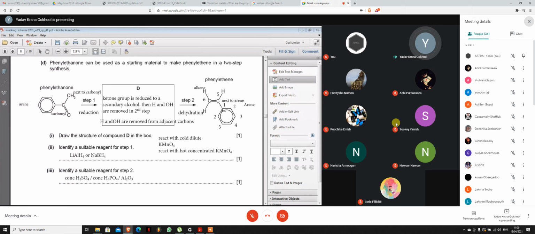But if you have a substituted benzene, then you have different environments. So this is a substituted benzene. Phenylethene is a substituted benzene. So if this is carbon number 1, these two will be carbon number 2 because they do not have the same environment as carbon number 1. The environment of carbon number 1 is C double bond C. But the environment of carbon number 2 is not C double bond C.